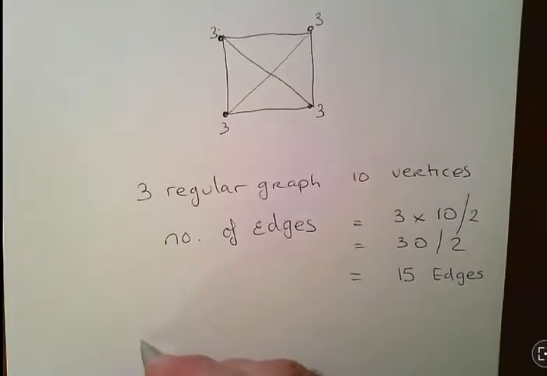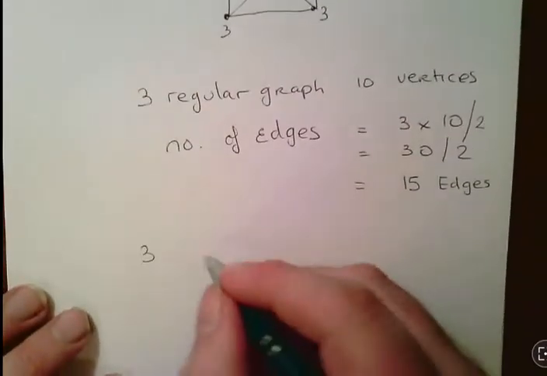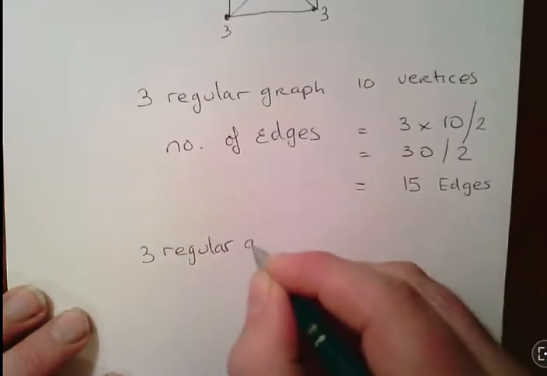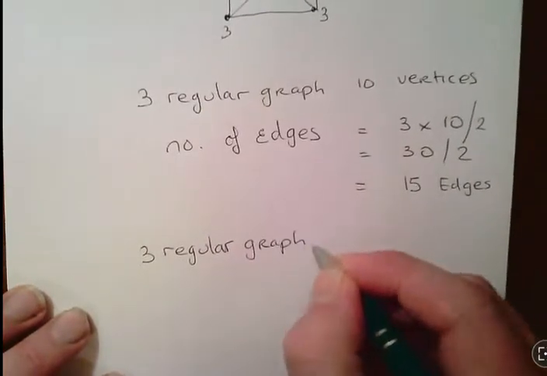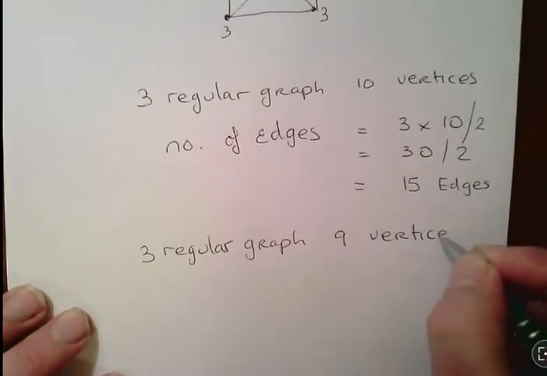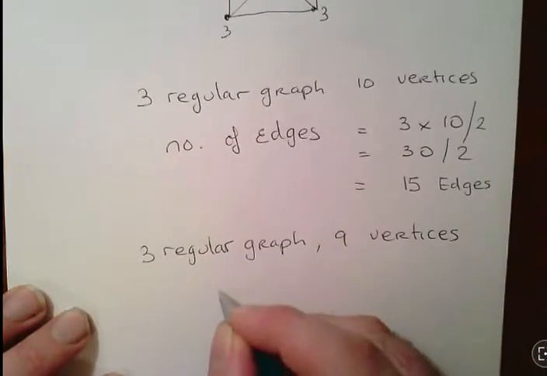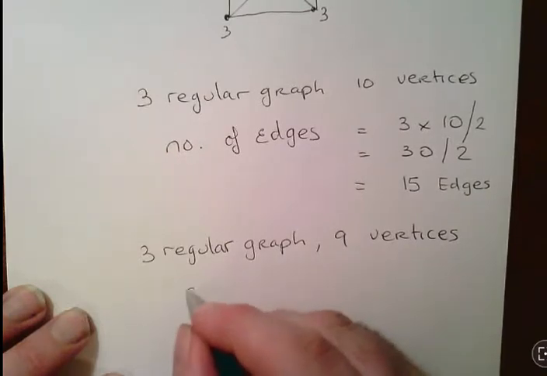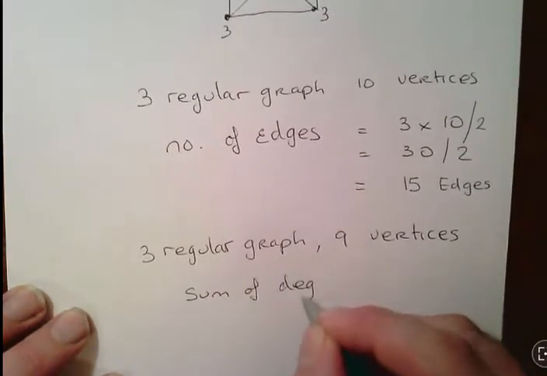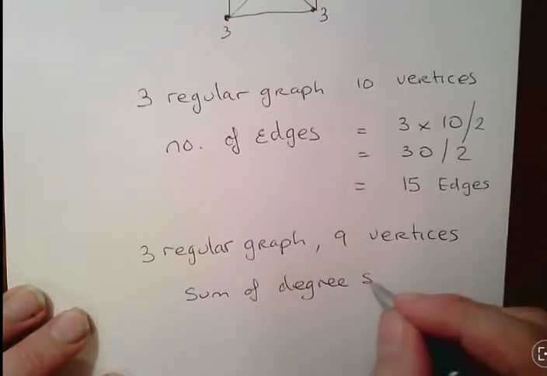Okay, so a 3-regular graph with 9 vertices. The sum of the degree sequence would be 27.